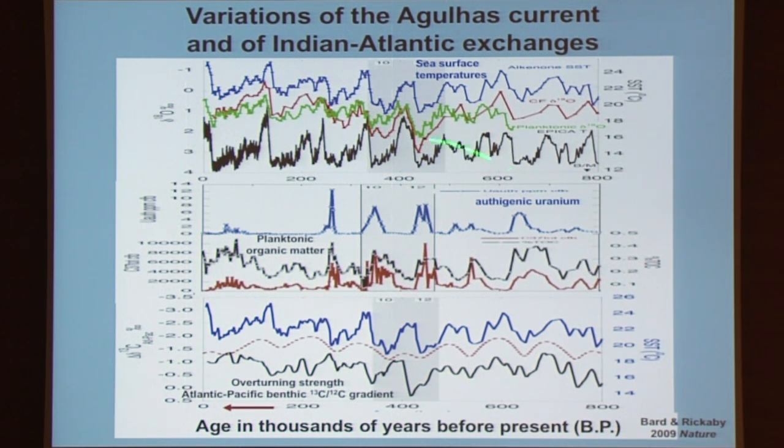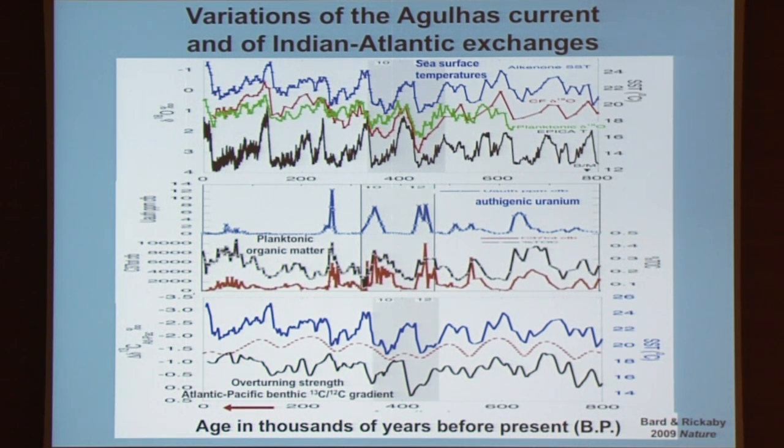And they correspond to large changes of the productivity and also to large changes of a proxy that we use as an indicator for the connection between the deep Atlantic and the deep Pacific, which is the gradient of the carbon-13 to C12 ratio in the benthic foraminifera.